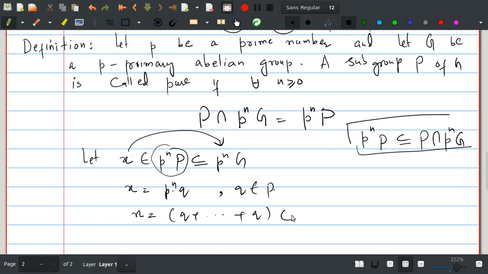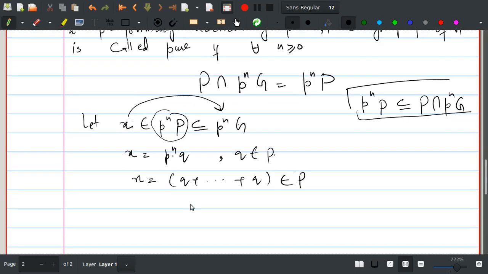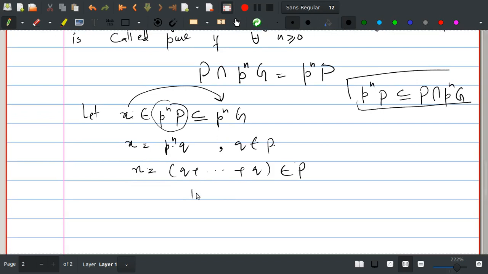Now this x is in p^n G, and this x is in P, so this x is in the intersection P and p^n G. So this is in both P as well as in p^n G. So we took this element in p^n P, and we showed that this x is in this intersection.